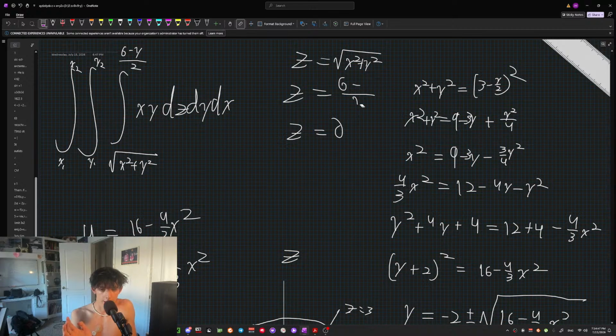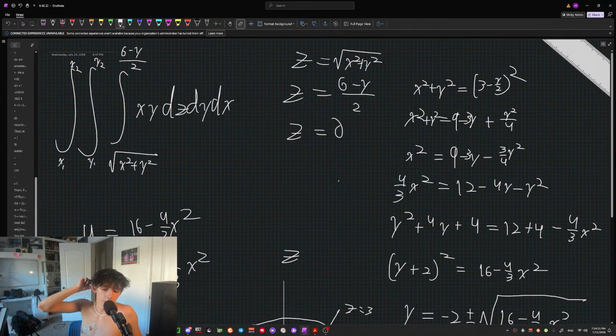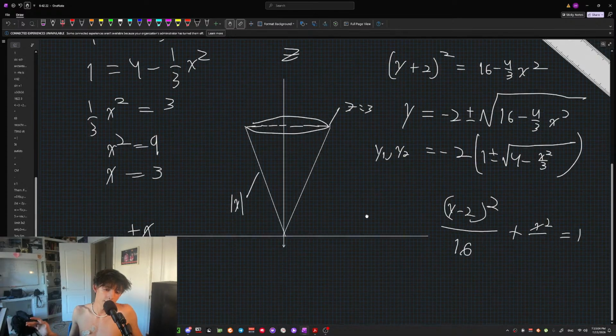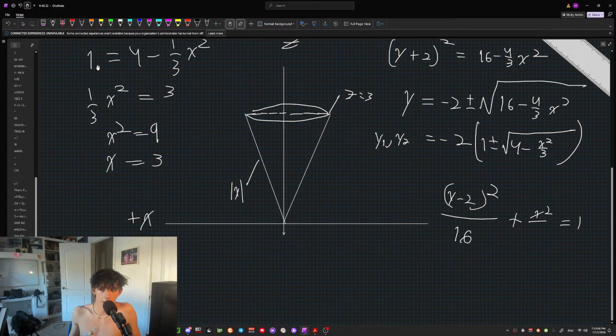This shouldn't even be like that. I wrote that wrong in the beginning. So that's 8 over 2. So then z equals 4. We're assuming x equals 0. Z, when it's fully dependent on y, is 4 at its biggest. Okay, so that's how we get that.